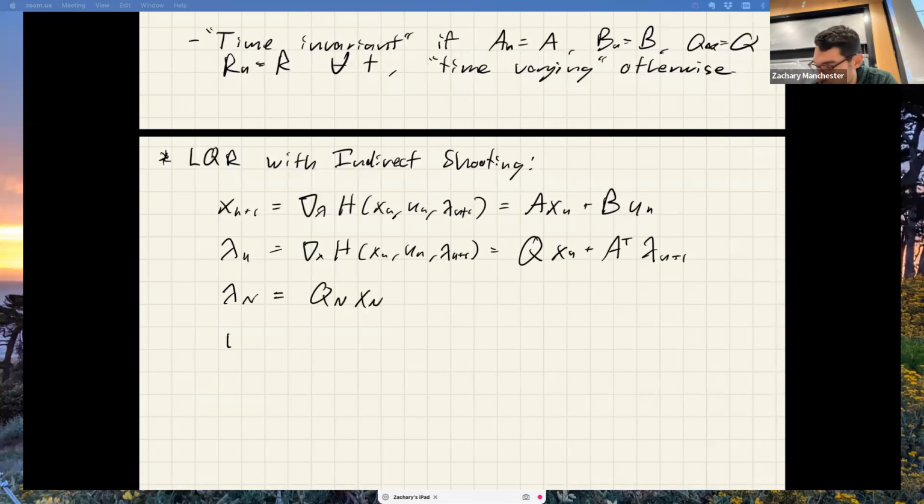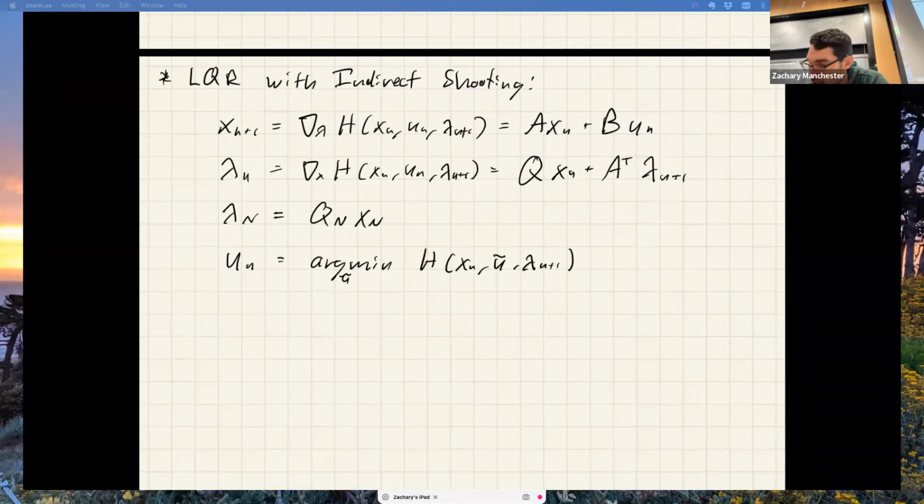And then we get u equals argmin over u tilde of H. Remember last time we wrote it down like this with the argmin so that we could handle torque limits on u. Here, though, we don't have any, so you can do that in closed form. You can just take the gradient of H with respect to u and set it equal to 0. And if you do it, you get the following thing. I'm just going to write it down. You can plug and chug and try this yourself.